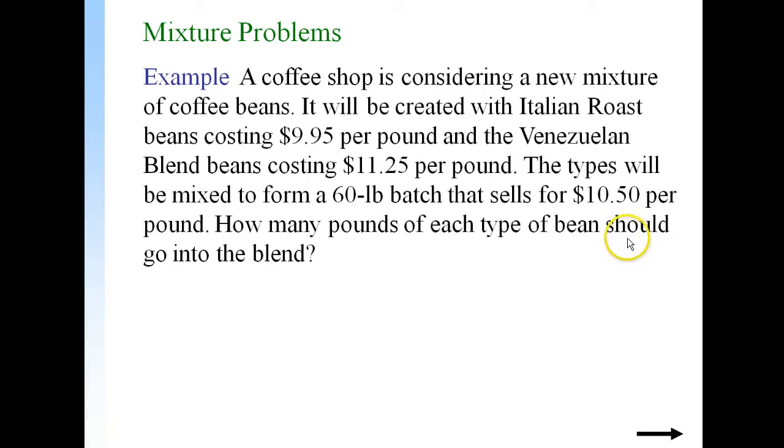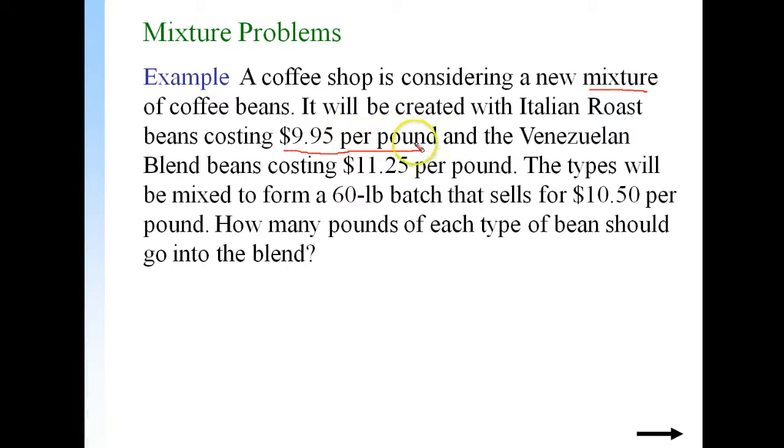Okay, here's our next type of example. And let's see if we can underline what we think is important as we go along. Coffee shop, considering a new mixture. All right, these are going to be mixture problems. They're going to create an Italian roast that's going to cost this per pound.